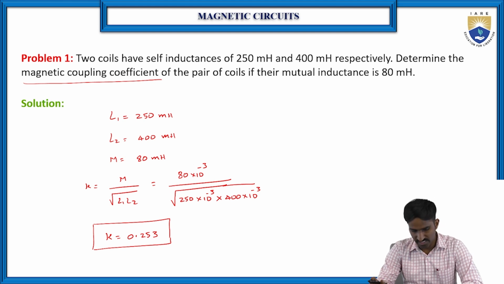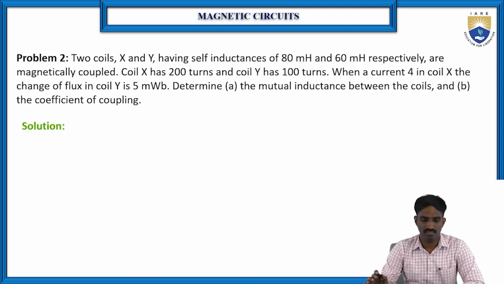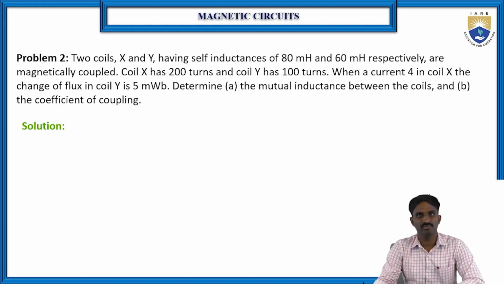Then coming to the second problem, which is also simple, not very difficult. Let me read the problem first. The two coils X and Y having self inductances of 80 millihenries and 60 millihenries respectively are magnetically coupled, and coil X has 200 turns and coil Y has 100 turns.